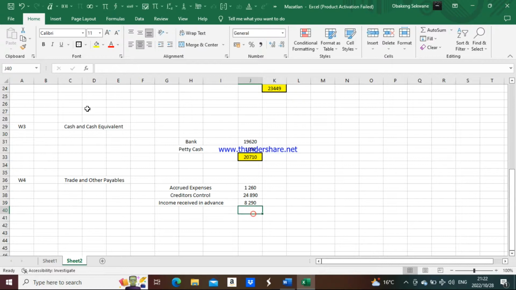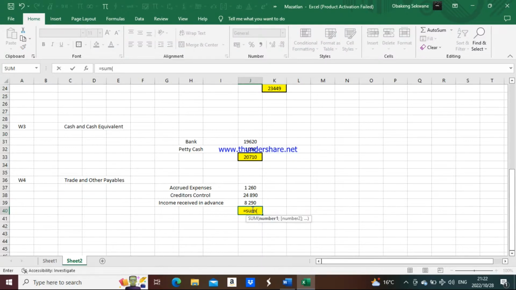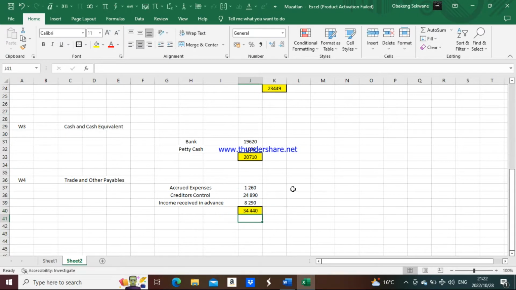So we're going to just get the total of these. And the total here amounts to the sum of. So I choose the first cell, then I say double dot, this is the last cell. So everything that's highlighted will be added, and if it's a negative, it will be subtracted.